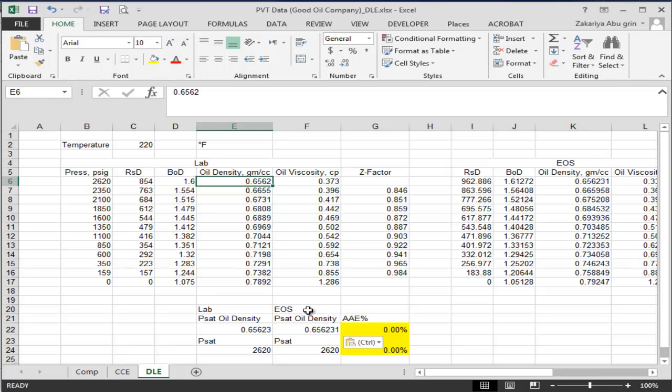In DLE, RS from here is not measured but it's constant. So here it's your bubble point. Now your equation of state is something like this. Why try to match all the points, while if you match only this point, which is the most important one, you will have other points matched?